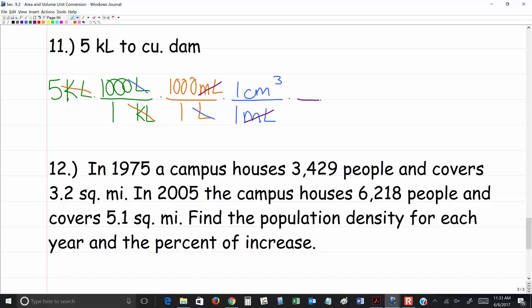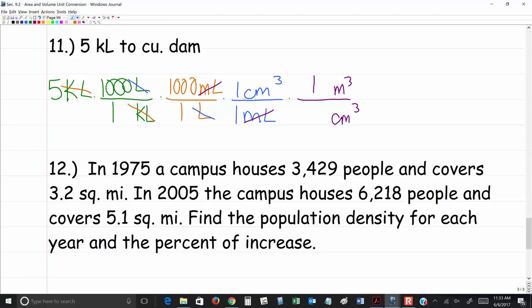Now I have to go from cubic centimeters to cubic decameters. So I'm going to use meters to do that. I have to put cubic centimeters on the bottom, and then I'm going to put cubic meters on the top. So 1 meter contains 100 centimeters.